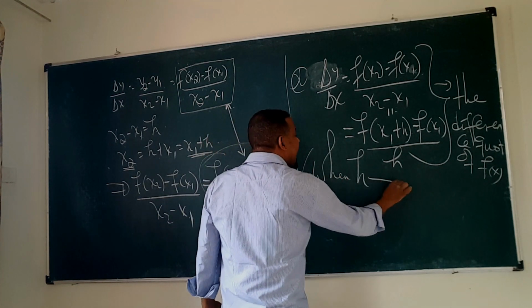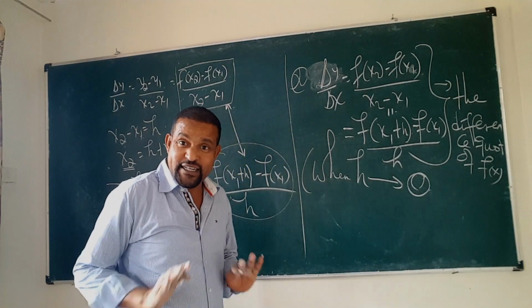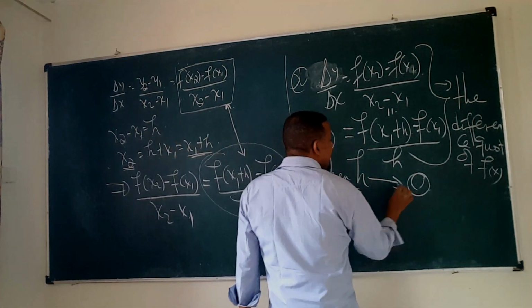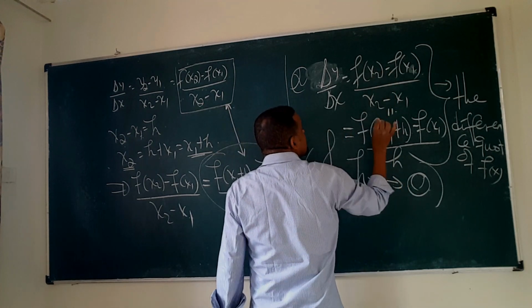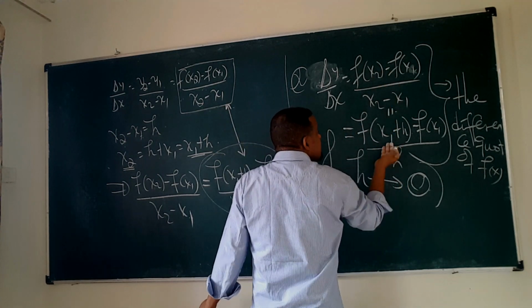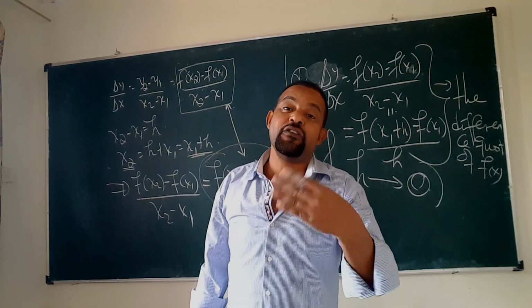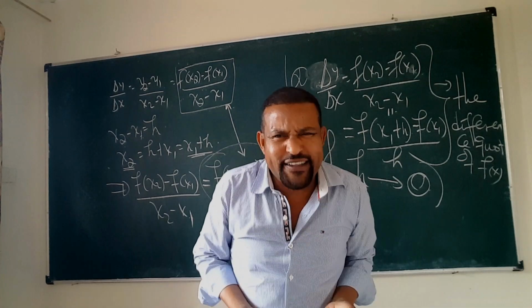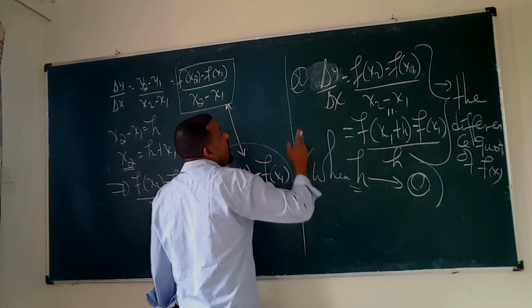Now, when h is getting closer and closer to zero, the distance is getting shorter. When the value of h approaches zero, these two expressions, either this one or this one, become the instantaneous rate of change of f of x, which is the slope of the tangent line to the curve at a point x1, y1.